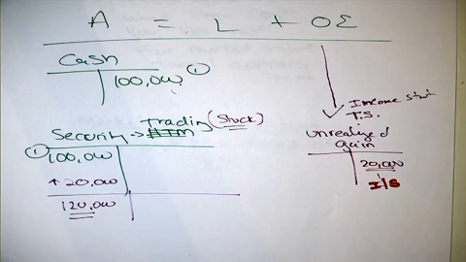So if I'm looking at a balance sheet and income statement for a company with trading securities, I'm seeing an increase in that asset, and I'm also seeing an increase to net income. But the increase to net income would say unrealized.